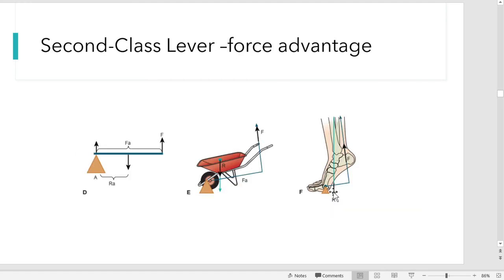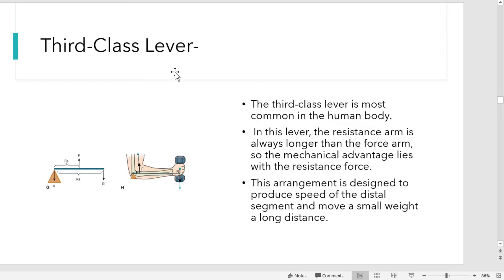Usually the second class lever system can be easily identified if you are doing closed chain kinematic movement. In closed chain kinematic movement, usually you are using the second class lever system. Then you have your third class lever system, which is very common in the body.